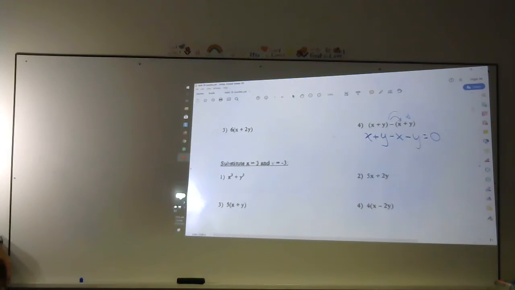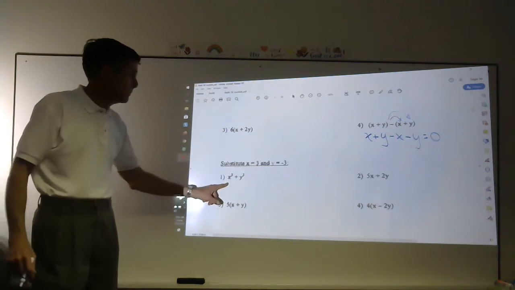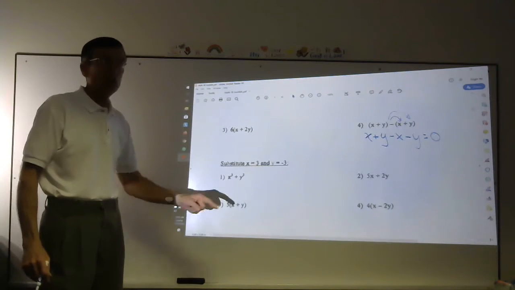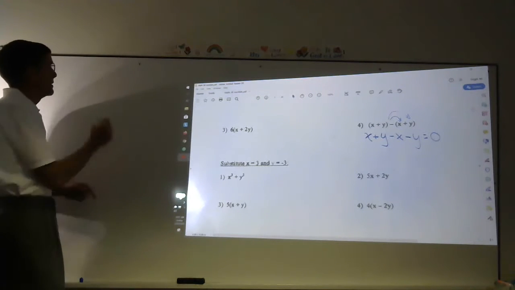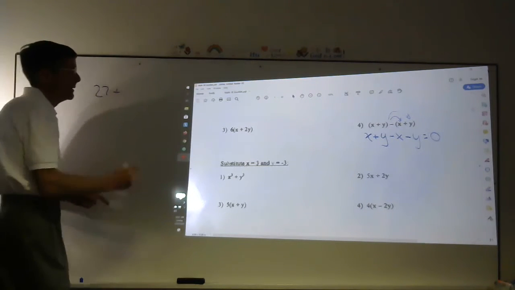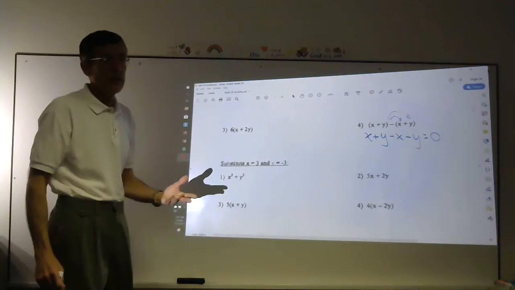Okay? All right, now getting a little tougher down here. When x is 3, you put 3 here. 3 cubed is 3 times 3 times 3. 3 times 3 is 9, times 3 is 27. Y cubed is negative 3 times negative 3 times negative 3.